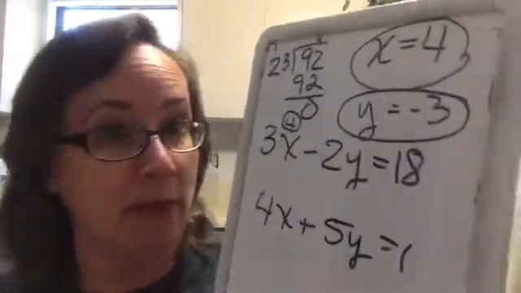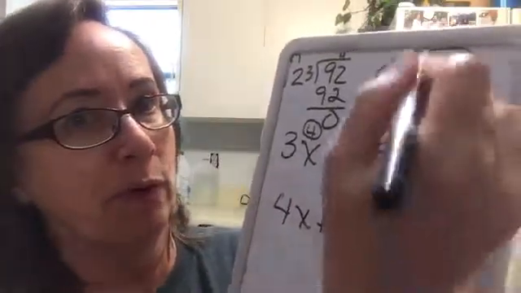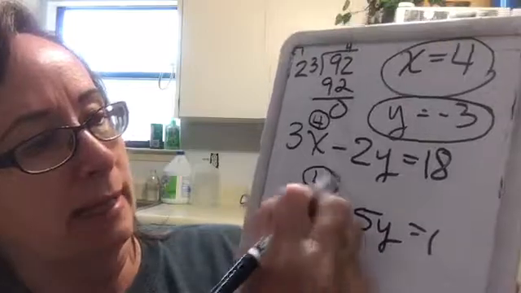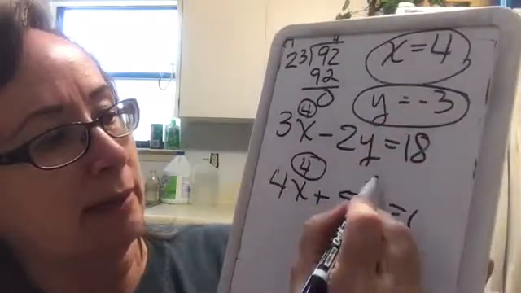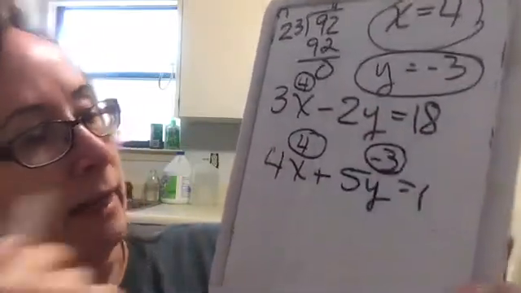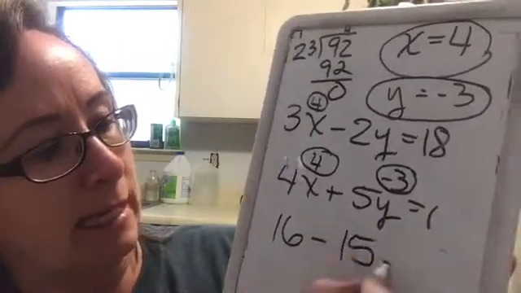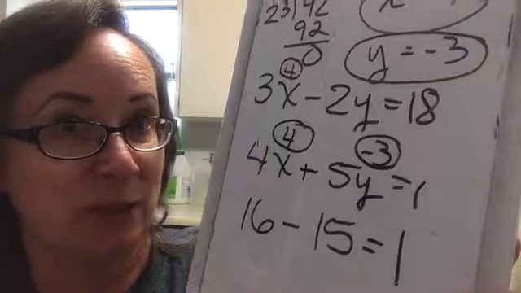Take the other equation and plug in both values to check. So my x is 4, so I'm going to plug in a 4. My y is a negative 3. I plug that in there, and I get 16 minus 15 is 1. And that is true, telling me that I got it right and I did the problem correctly.